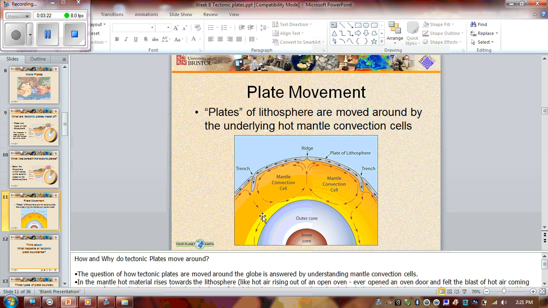At the bottom of the mantle, you have very hot, dense liquid. When it gets heated up, it rises up, then cools down, sinks, and again rises up, and so on. When this happens, it works like a conveyor belt, and the plates start to move.